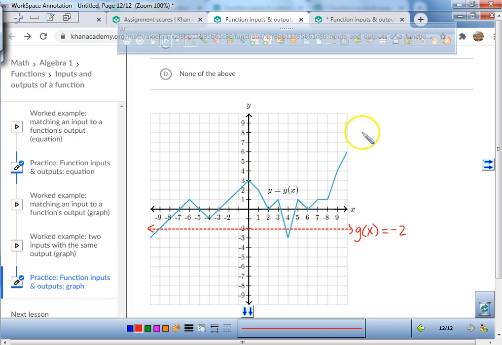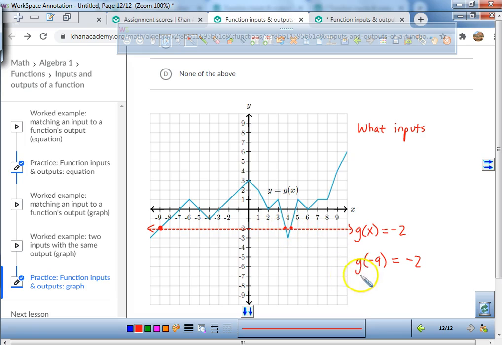Now, if it asks what inputs have a value at -2, it actually has an input right here, and right here. So technically, how many answers could you have if I said g of x equals -2? We could say g of -9 equals -2. That's for sure.